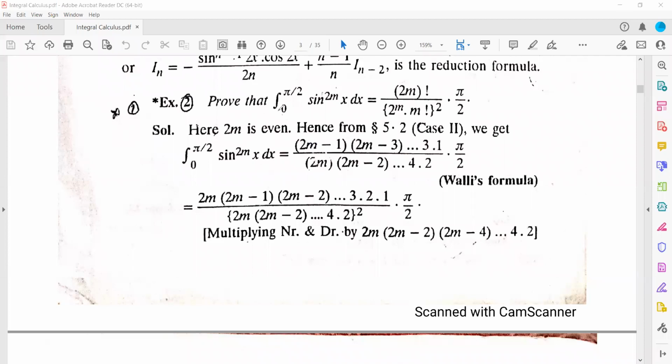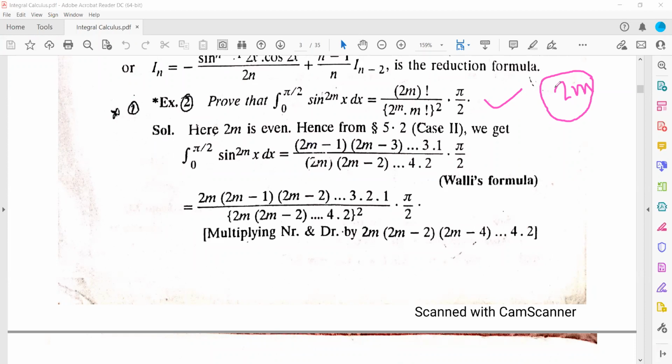Now this example, just see here. You need to prove that 0 to pi by 2 sine to the power twice m x dx is equal to factorial twice m by 2 to the power m into factorial m whole square into pi by 2. Now, if m is a positive integer, then twice m is what?